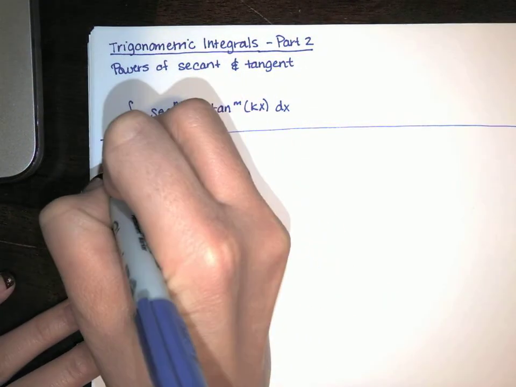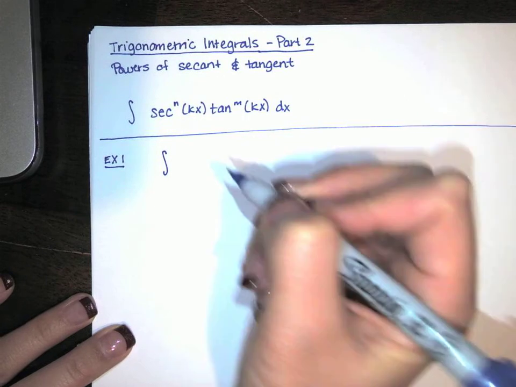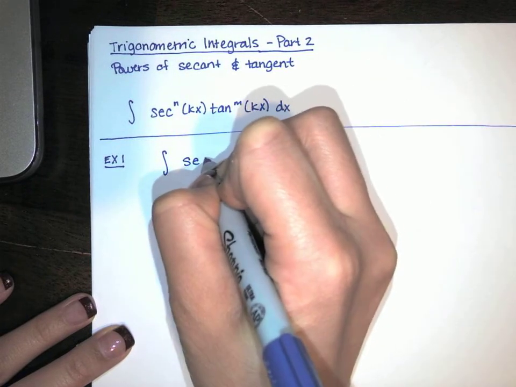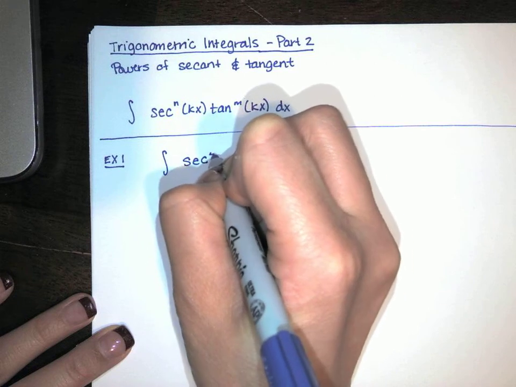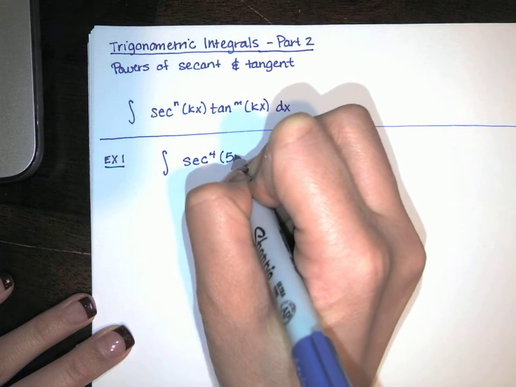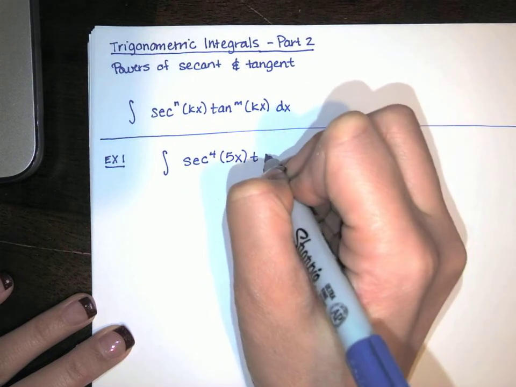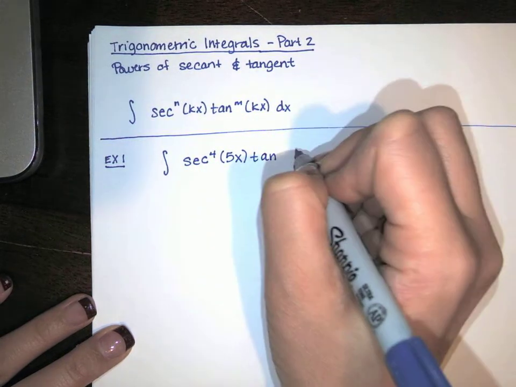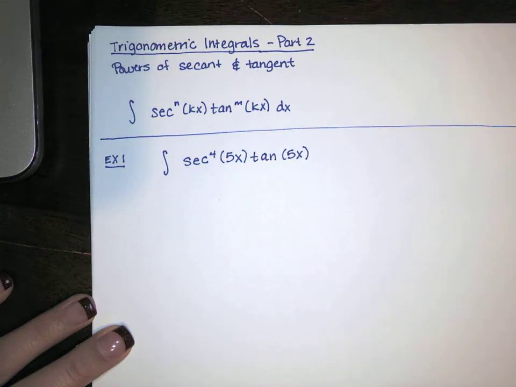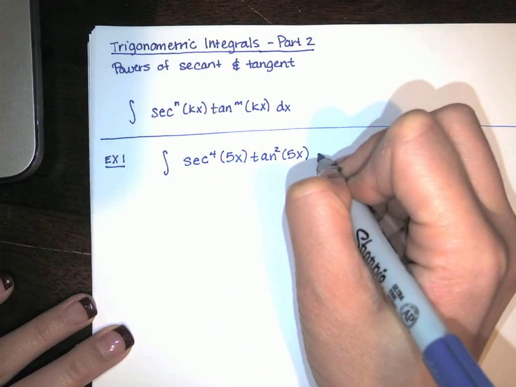Let's say you have the integral of secant to the fourth of, let's say, 5x times tangent of 5x, quantity squared, dx.